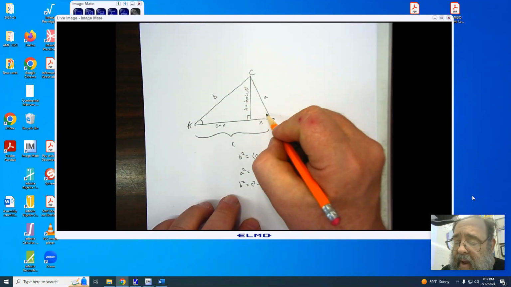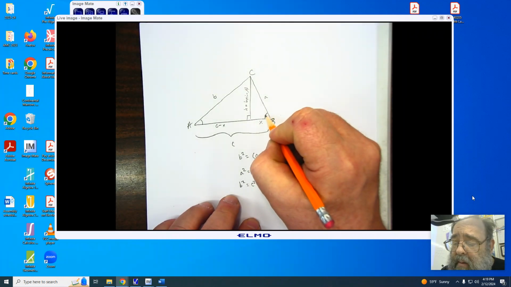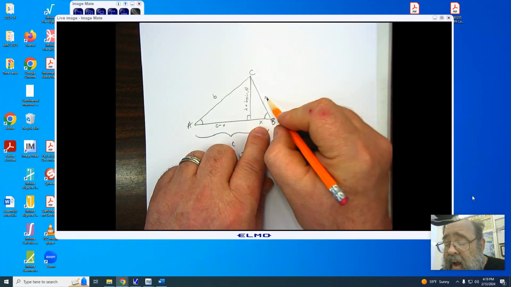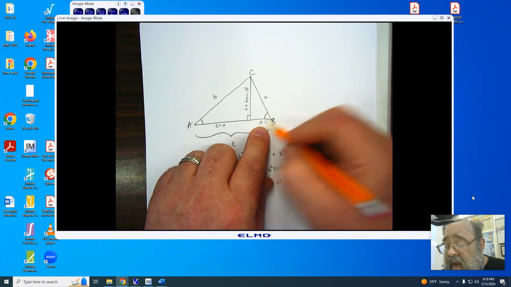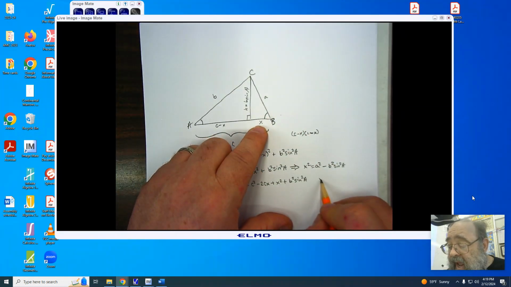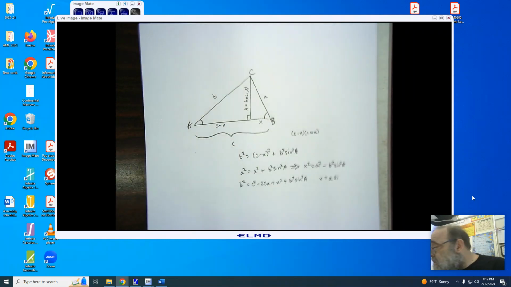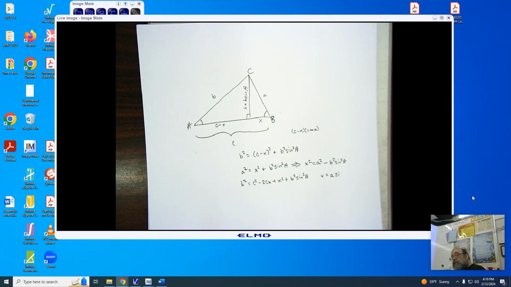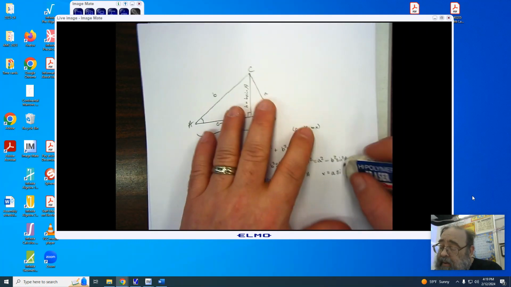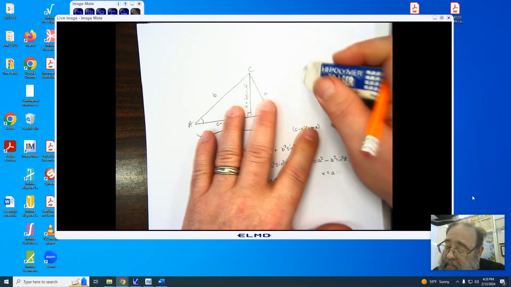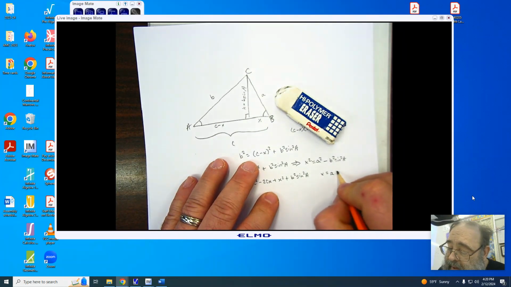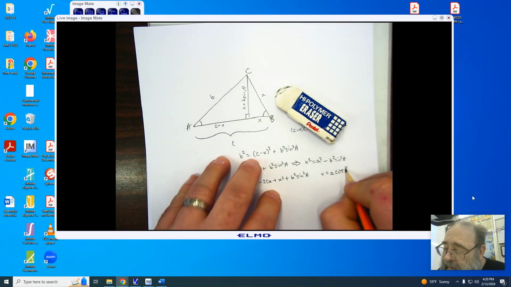You notice if I come at it from angle B, I'm looking at my hypotenuse and my adjacent side. So I can say that x is really a times the cosine of angle B. Again, that's from the Pythagorean theorem.